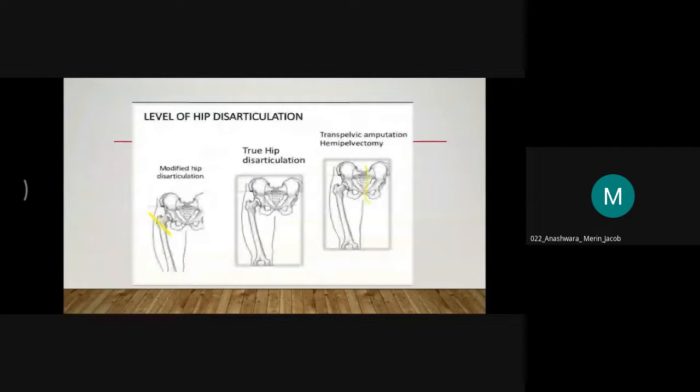In the modified hip disarticulation, we take the femur out at the neck of the femur. In case of true hip disarticulation, which is what I said as a disarticulation, the head of the femur is taken out.